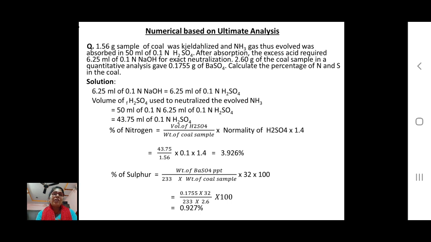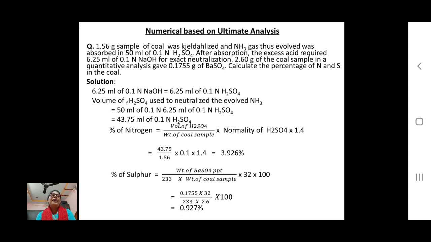Now, I have told you in the previous lecture also, numericals always help to understand the theory. So here also I have taken one example. Numerical problem: 1.56 gram sample of coal was Kjeldahlized and ammonia gas thus produced was absorbed in 50 ml of 0.1 N H2SO4.